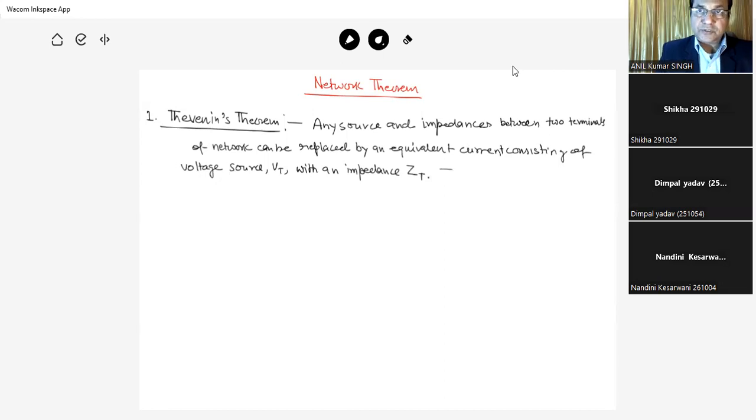The voltage source is the open circuit voltage.